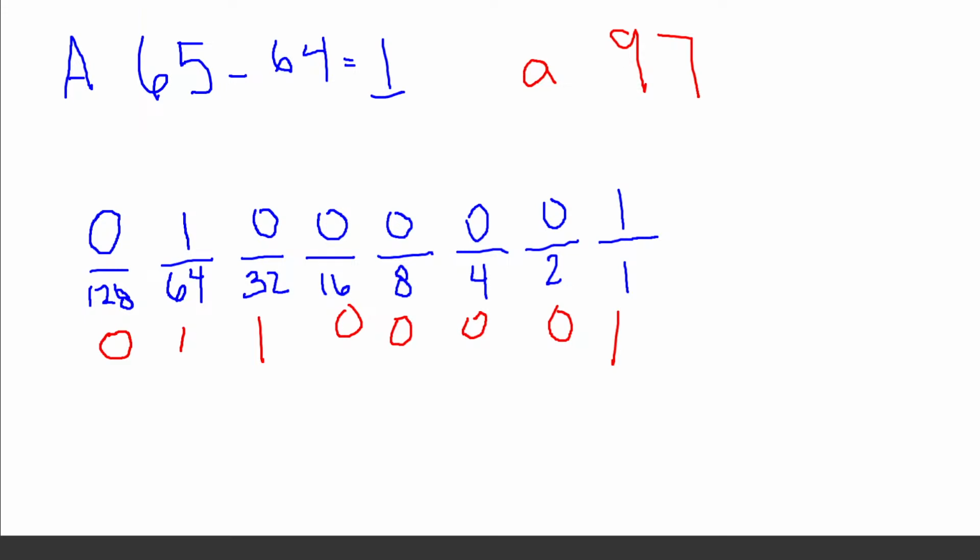So to convert our lowercase a to binary, it's 0, 1, 1, 0, 0, 0, 0, 1. It's easy for me to show you the decimal and say, well, 97 and 65, there's 32 numbers between both of those. So they're 32 off, but they're not really 32 off.